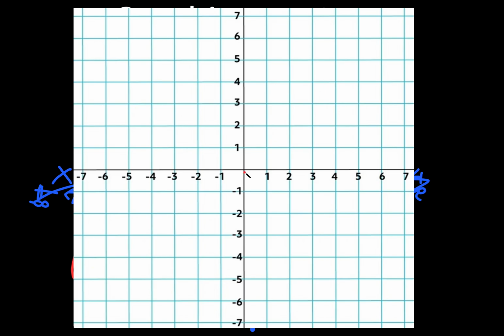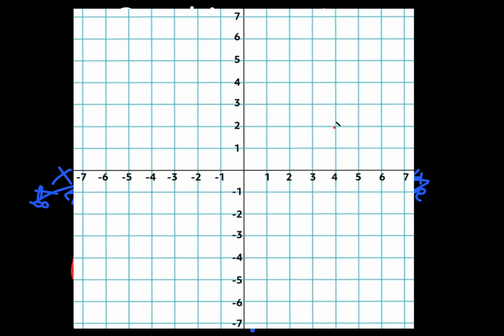We would navigate to our first, the x-axis, because that comes first, and we'll look for 4. It's going to be right here. So any point that begins with 4 will be on this area of the x-axis. So these points would all begin with a 4, and then you put the corresponding y coordinate afterwards.